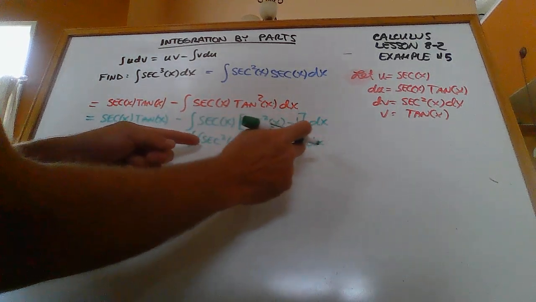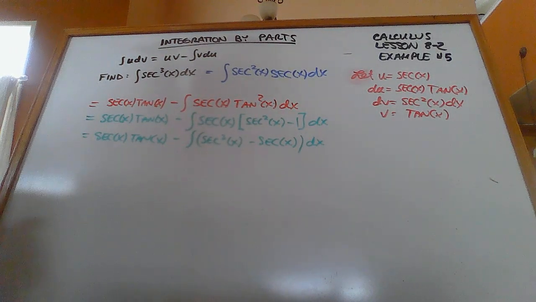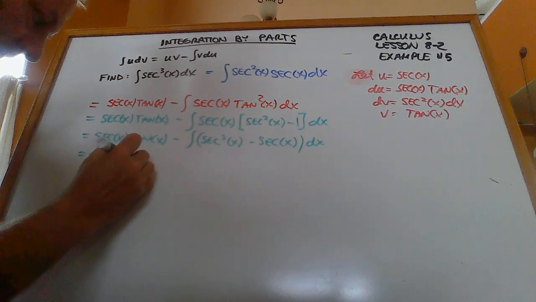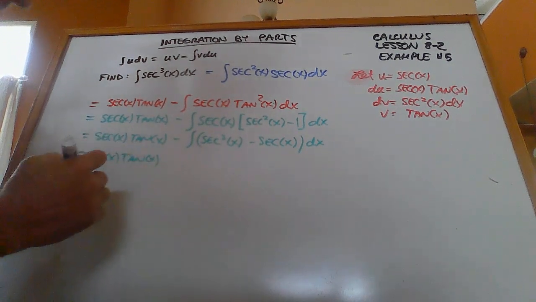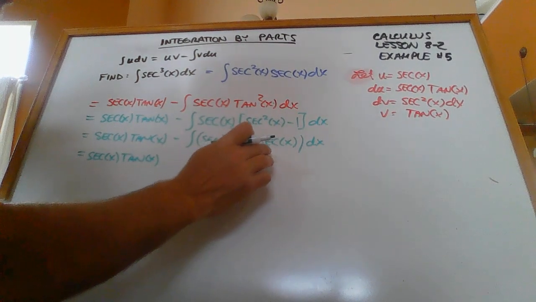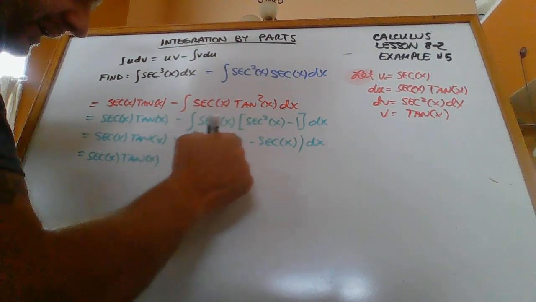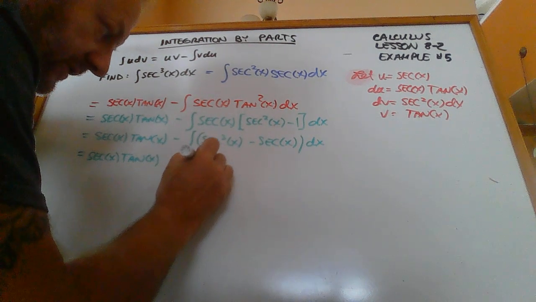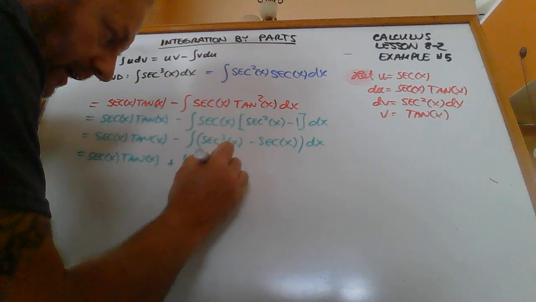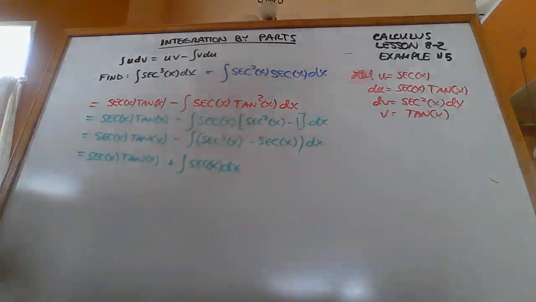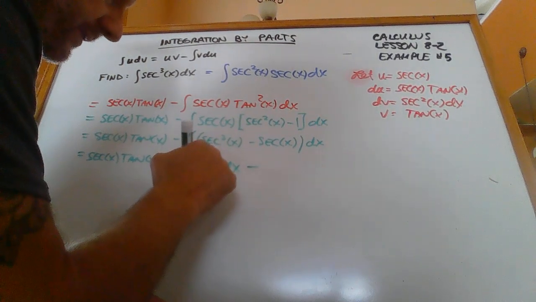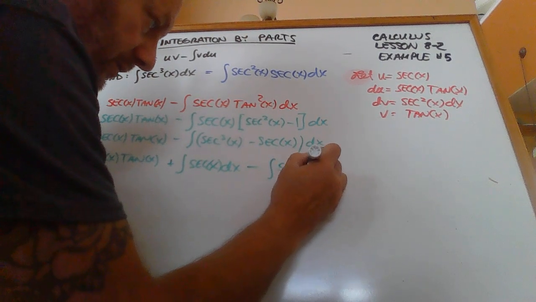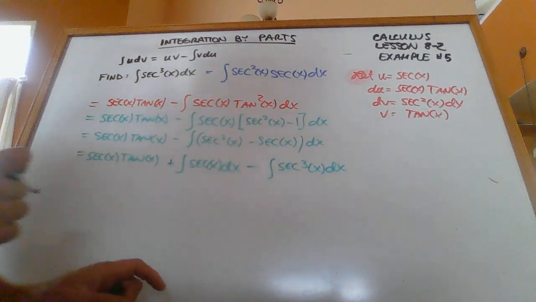Now, I can break this apart into two separate equations. So copy this down. All right, we'll do this part first. So we're going to make minus this. So that's going to become plus the integral of secant x dx minus the integral of this, which is secant cubed x dx.